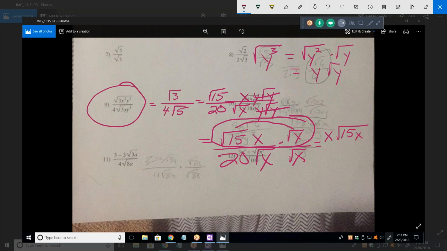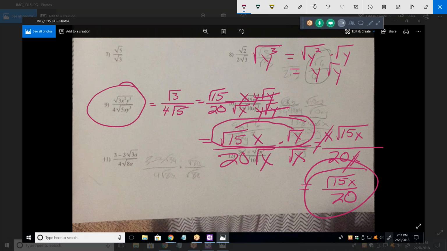What's the denominator? 20x. Now, cancel that x with that x, and you got the square root of 15x over 20. And I can't really simplify that. And I have a rational denominator, so I'm in good shape.